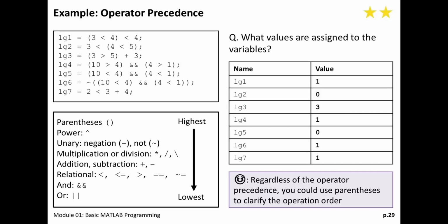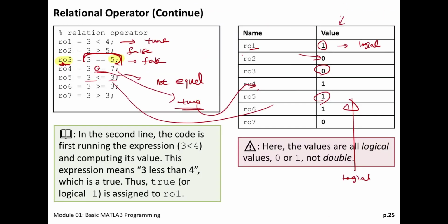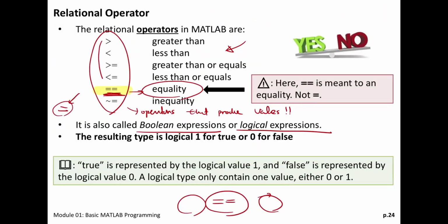Okay, let's think about what values are assigned to each variable. Okay, what about this one? This is 3 less than 4. So true, right? That is a logical 1. Logical 1 is less than 4. So the relational operator here produces a logical value, but this is the relation between numeric values.